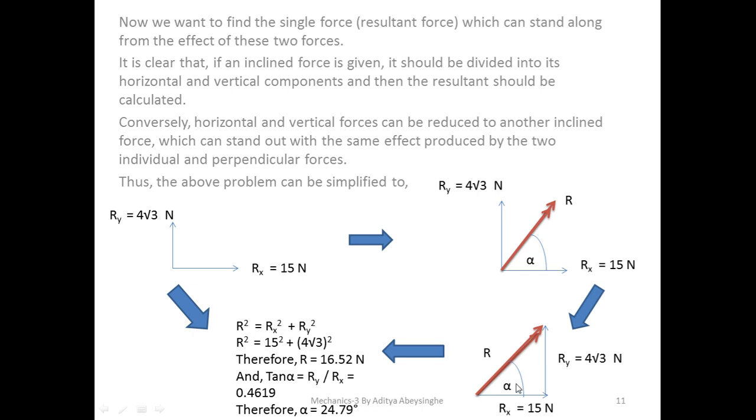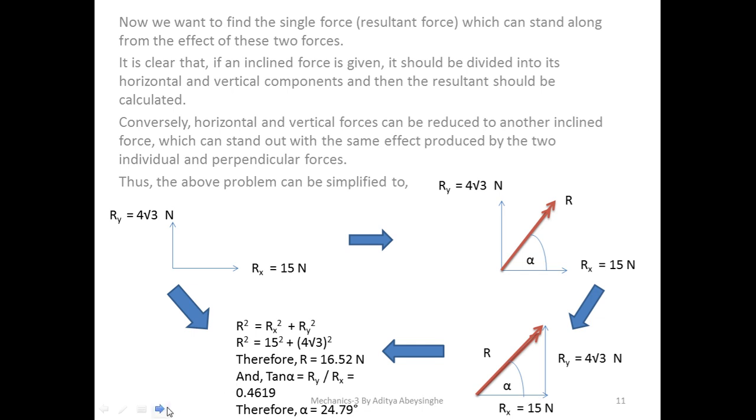So the resultant force is calculated by squaring the individual horizontal and the vertical, or the perpendicular, forces, and finally we get that to be 16.52 newtons, and it makes an angle of 24.79 degrees with the horizontal. So that's it about finding the resultant force of a system.